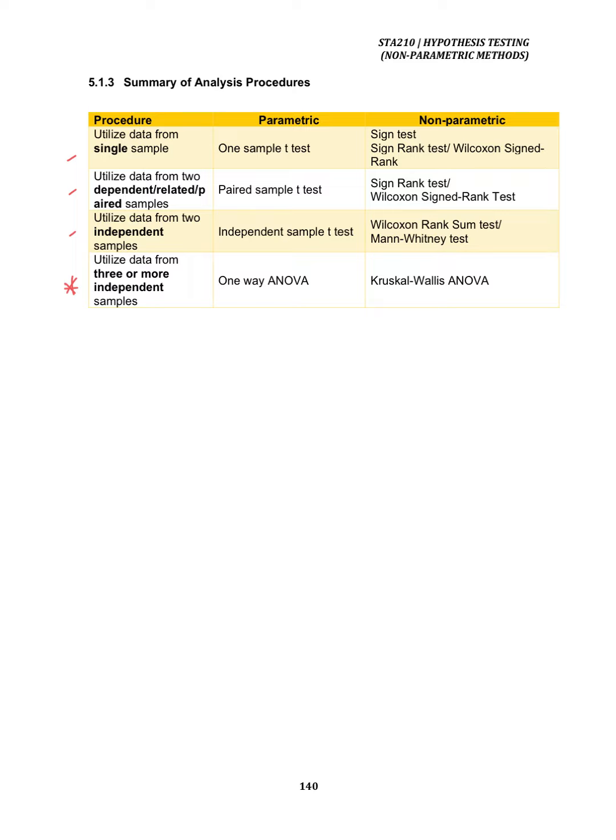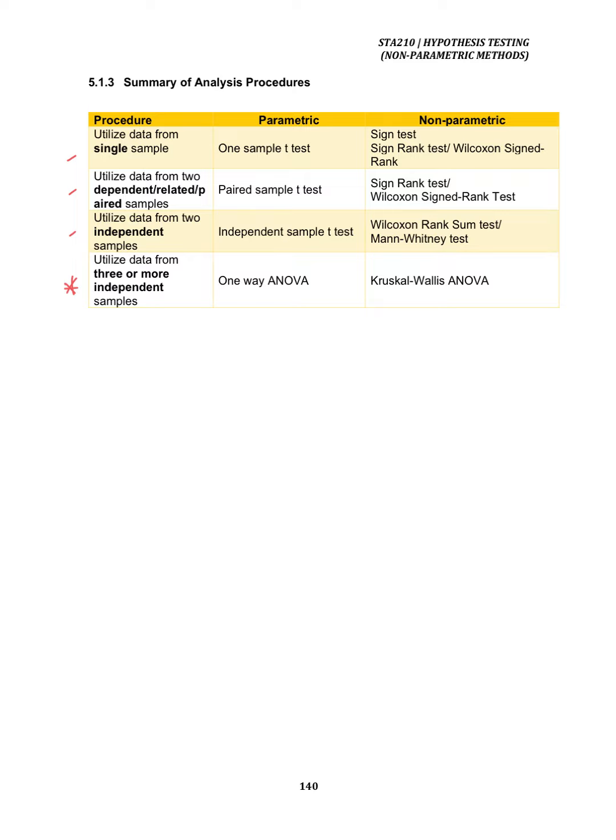First one, let's take a look at what tests we will use when the data involved are from a single sample or one population. Under the parametric method, we call it the one sample t-test. But under non-parametric, the test can be the sign test, and the other one is the sign rank test, or the other name for sign rank test is Wilcoxon sign rank.